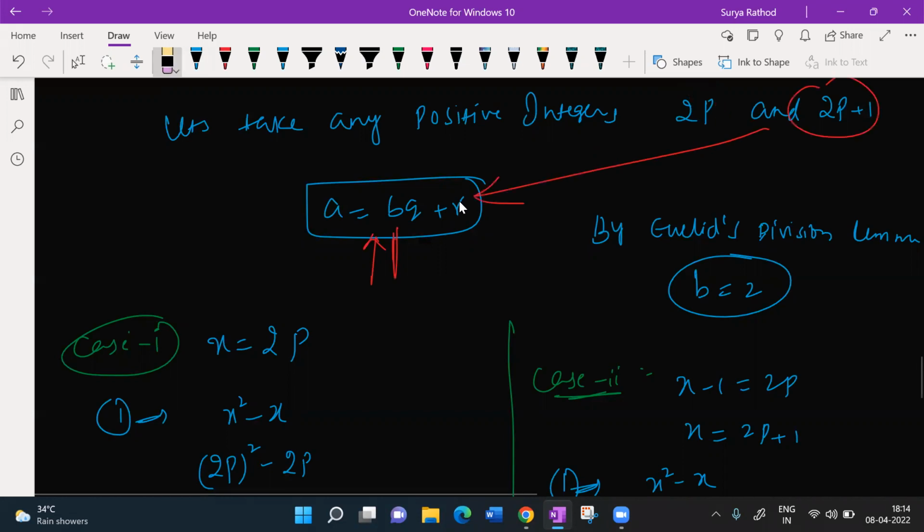Instead of P, you can take Q as well. Or instead of Q, you write P here, no problem. This form is also correct or not? Any doubts? Yes, sir. This Q was the quotient. Now P is the quotient, correct? What does P represent now? Quotient or not? Yes, sir. So dividend is equal to divisor into quotient plus remainder. Okay. Understood or not?